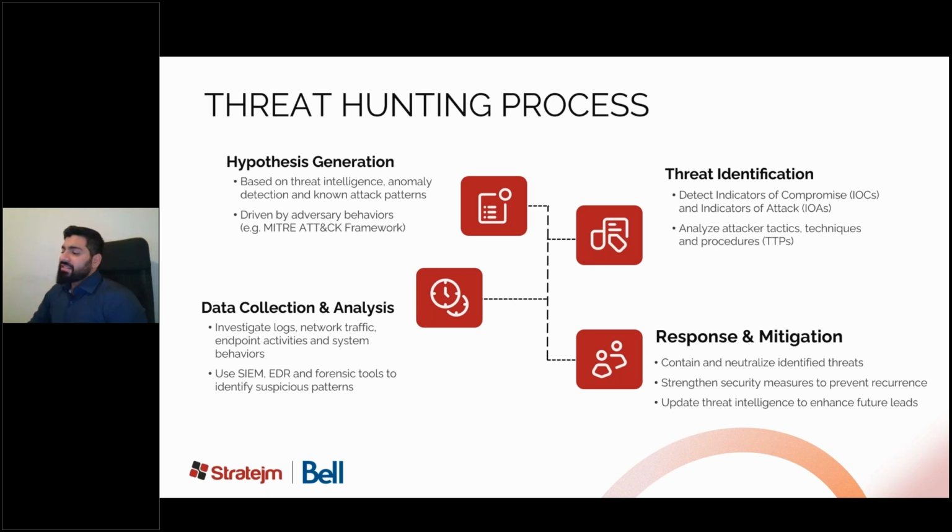Now, detection is only half the battle, right? We need to eradicate, mitigate, and contain the threat. Containment could simply be isolating a system. Eradication is as simple as removing the malicious file, disabling unauthorized user accounts, right? Or removing unauthorized assets from your system, from your network.